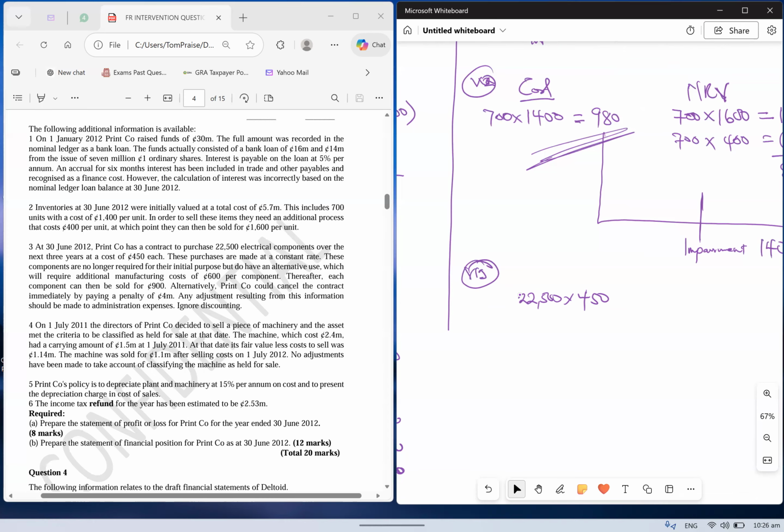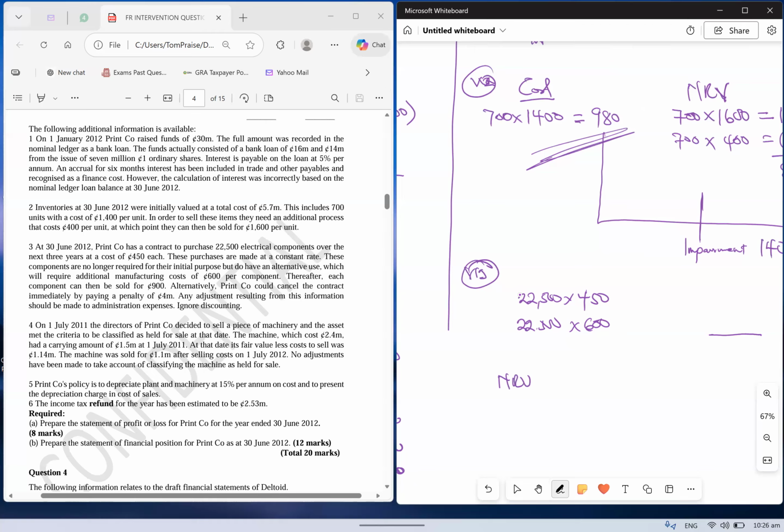So, another cost. So, 600. Thereafter, each component can be sold for 900. So, get me the total cost and let's look at the net realizable value.